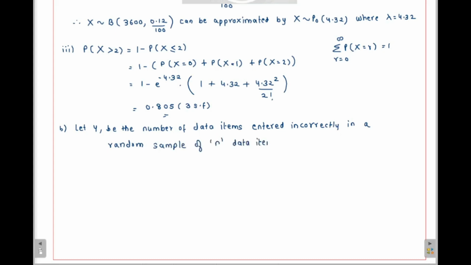So here y will follow a binomial distribution with n value as n, and the probability of success, that is the probability of the data item being incorrect, being 0.0012. Correct?